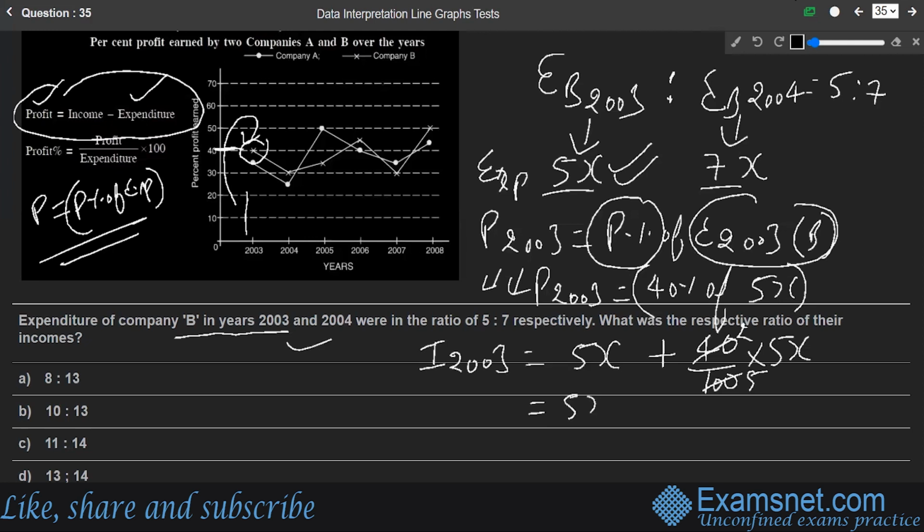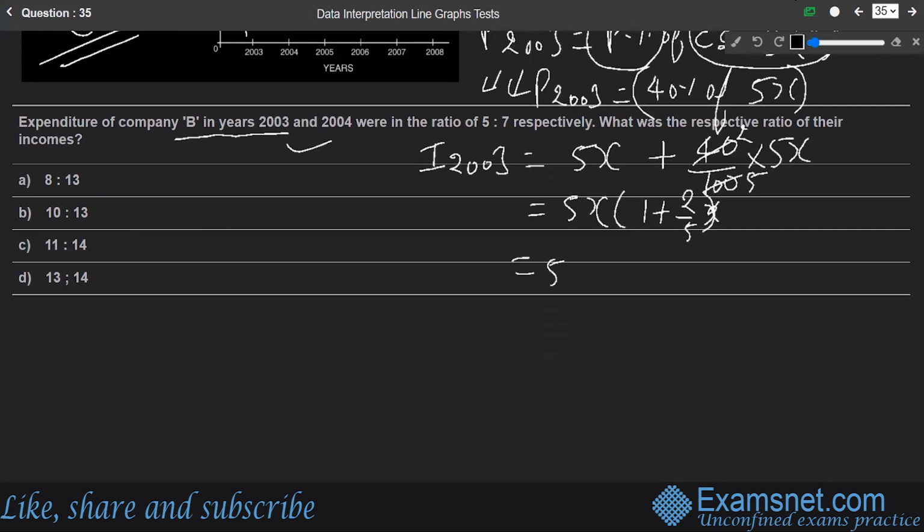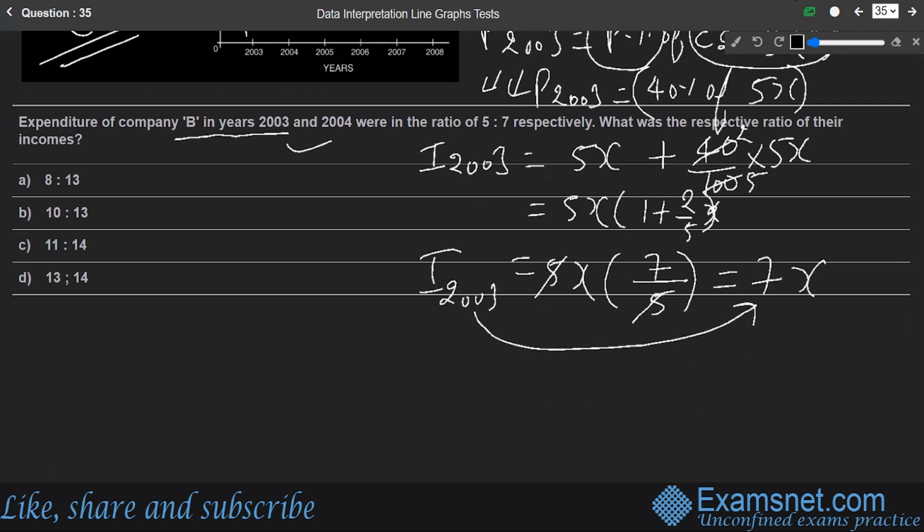So it is becoming 5x into (1 plus 2 by 5). Taking 5 as the LCM, that is 7 by 5 of 5x, where 5 and 5 get cancelled, which simply becomes 7x. So income in 2003 is coming out to be, in terms of x, 7x.